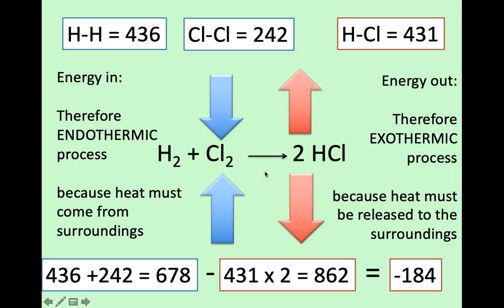And if there's 184 kilojoules less in the system, then the reaction must be exothermic, because we've put less energy in, only 678 kilojoules, and we've got more energy out. So if we're getting more energy out, then our surroundings are getting hotter. Therefore, our reaction is exothermic.